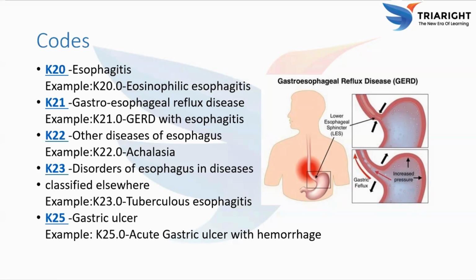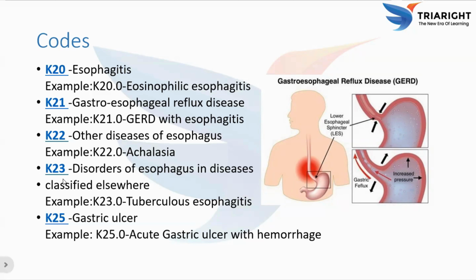It includes structural or functional problems of the esophagus that are not classified elsewhere. For example, K22.2 indicates esophageal obstruction, whereas K22.7 indicates Barrett's esophagus. These are all the diseases which are associated with swallowing difficulty or chronic reflux. So diseases related to swallowing difficulty are classified in the code range of K22.